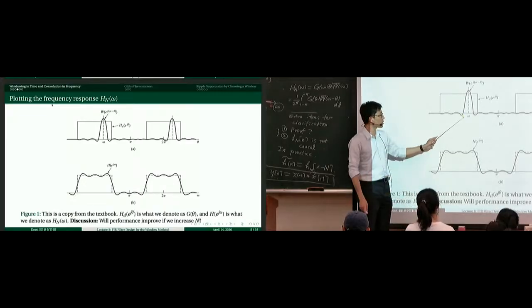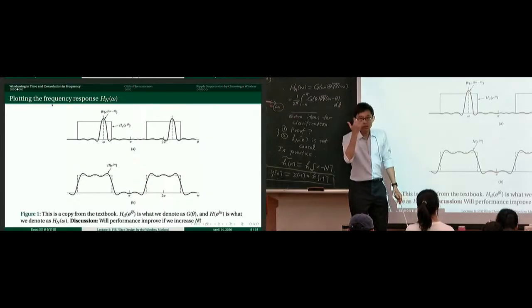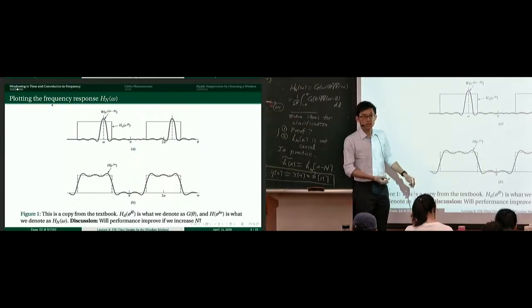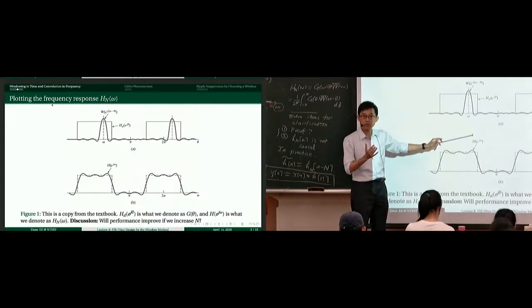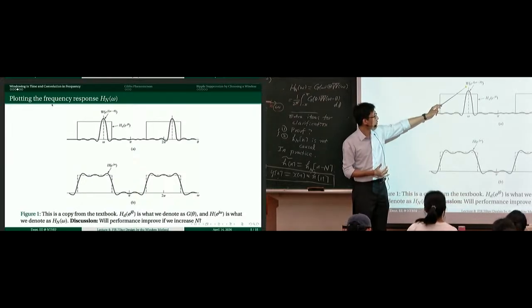Unfortunately, the Fourier transform of W turns out to look like a sinc. So you see, this is quite confusing. We have sinc in time, and sometimes we have a sinc-looking function in frequency. Unfortunately, I admit, the Fourier transform of W looks like a sinc function.